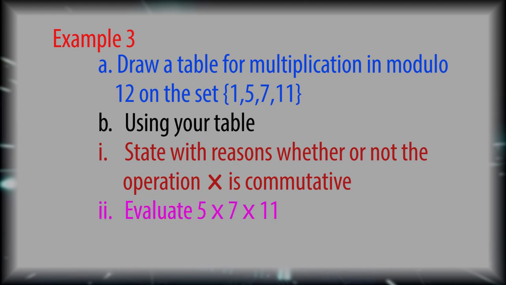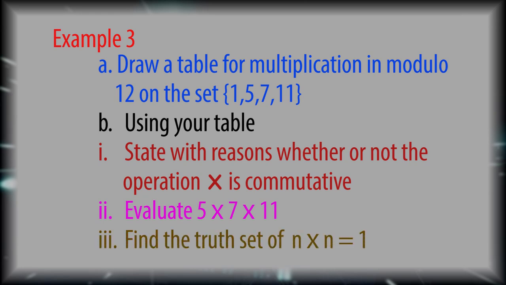Then 2, evaluate 5 times 7 times 11. And find the truth set for n times n is equal to 1. Now here we have to be careful. You have to use the numbers given in the question on your tables.